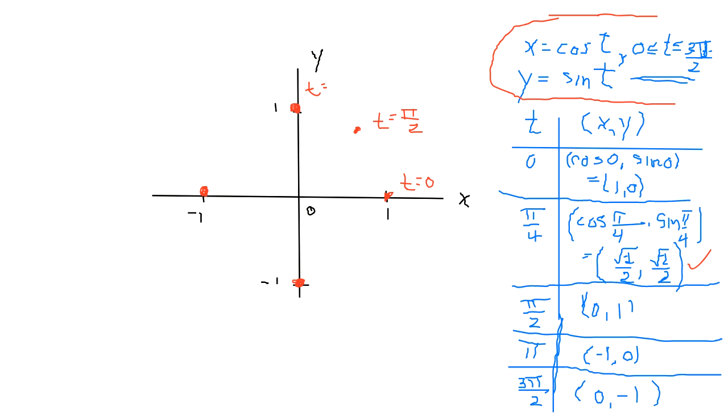Okay. All right. So let me just finish this off here. Let me see here. There's a little error here. This should be t equals pi over 4. And this is t equals pi over 2. And this is when t equals pi.